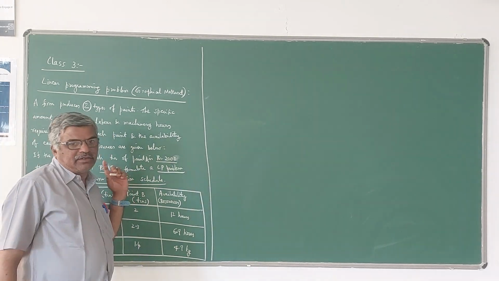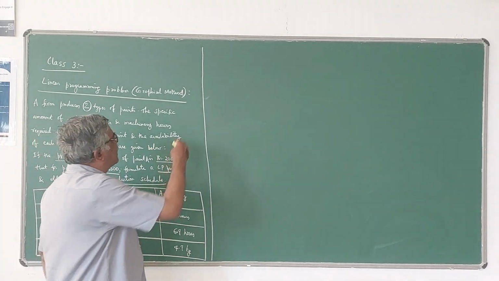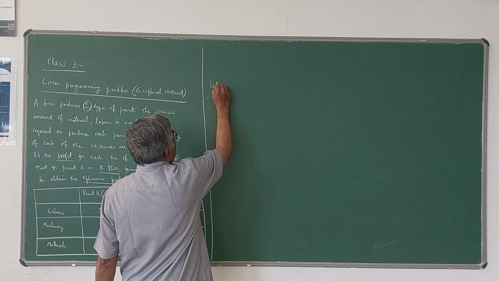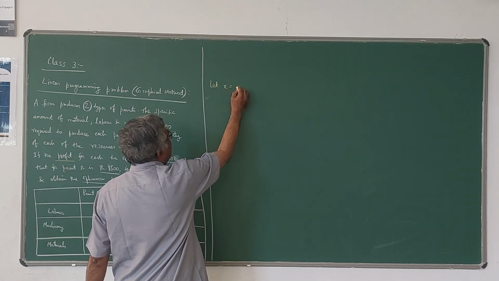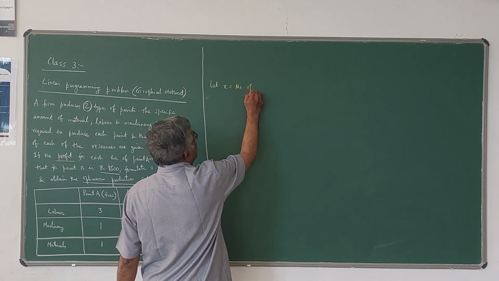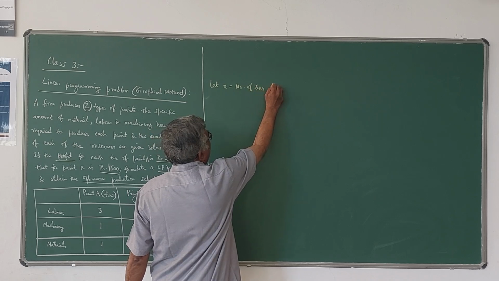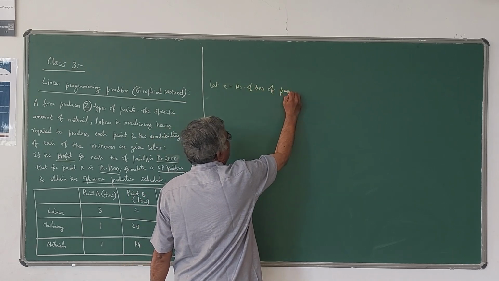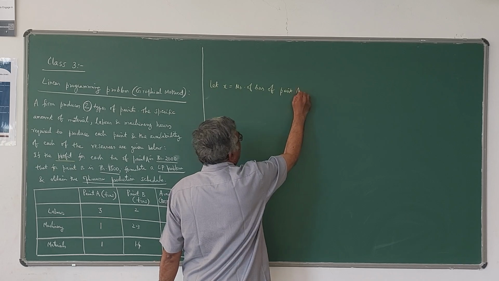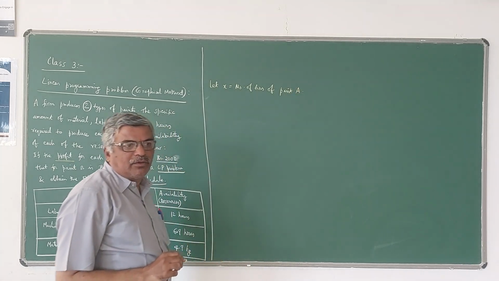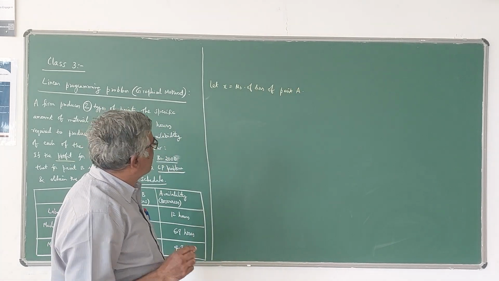So let X be the number of tins of paint A that has to be produced for maximum profit.